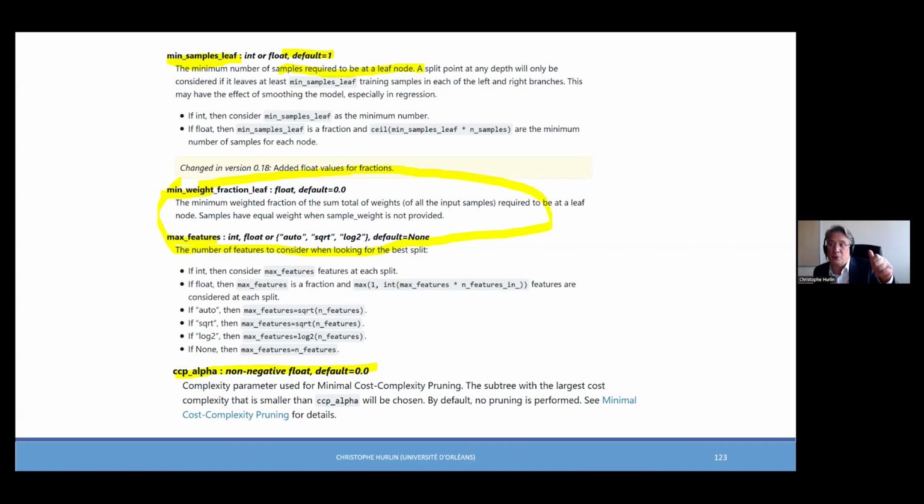If I put no option on my max depth, min sample, etc., and if I put no value to CC alpha, there is no pre-pruning and no post-pruning. There is no pruning at all. And the risk is that I will have a decision tree with a huge dimension.